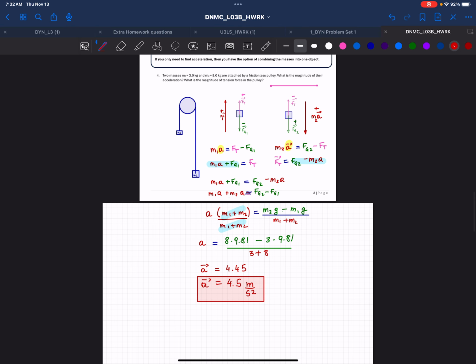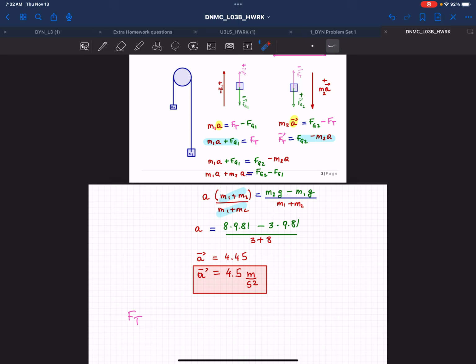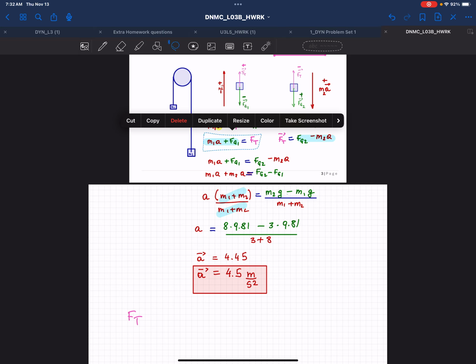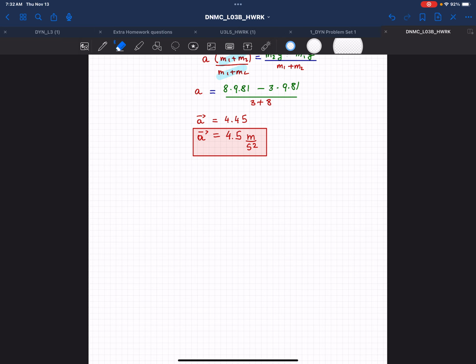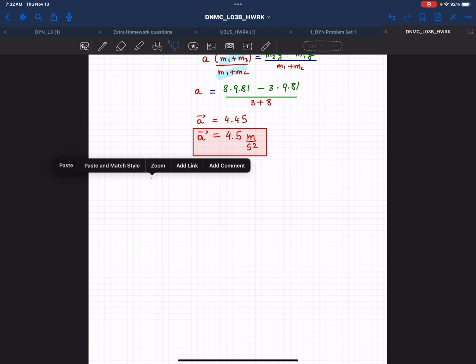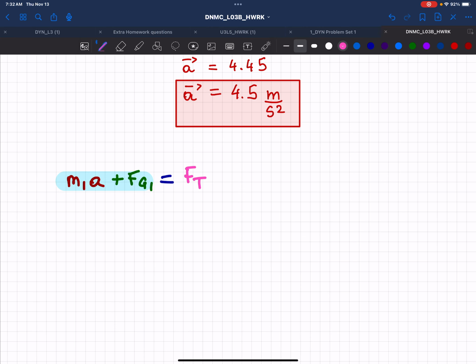Next we have to find the force of tension. For tension, all we have to do is use either equation. You use whichever equation looks simpler to you. I'm going to use this equation right here. So let me just copy it. I will have M1A plus Fg1 equals Ft.